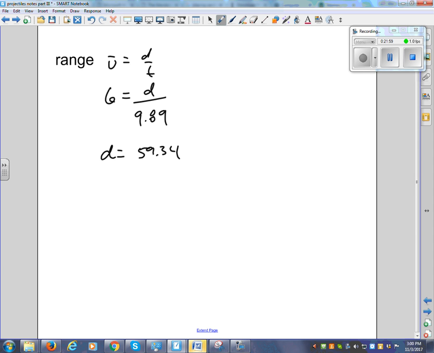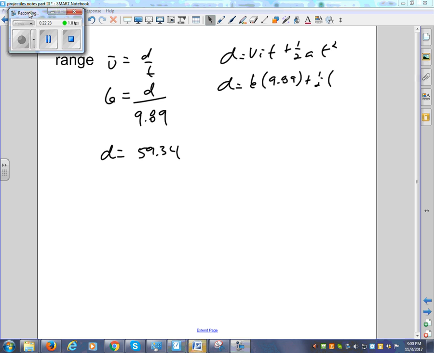Now, if you want to think of it this way, this is what you and I were talking about, Karen, the other day. If you go d equals vit plus 1/2 at squared, because really all I did here was multiply the velocity by the time, right? So if I go over here and go d equals, the vi is 6, the time is 9.89 plus 1/2, and what is my horizontal acceleration? 0.